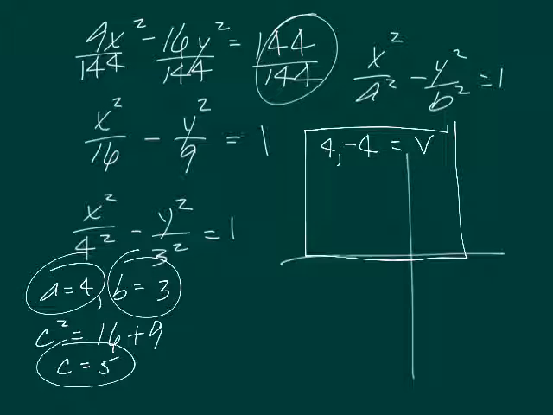My foci are going to be negative 5, 0, and 5, 0. And that comes from my c right there. And then I have to find my negative b over a and my positive b over a. So I've got 3/4.